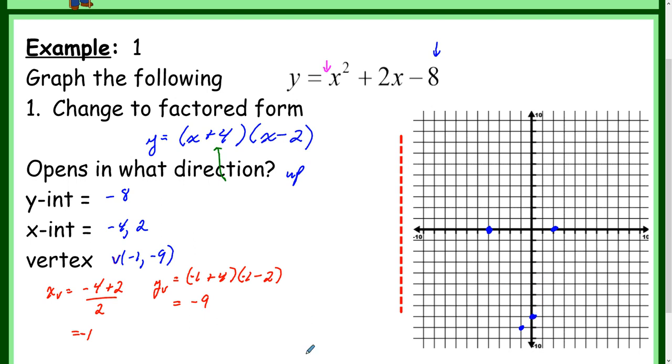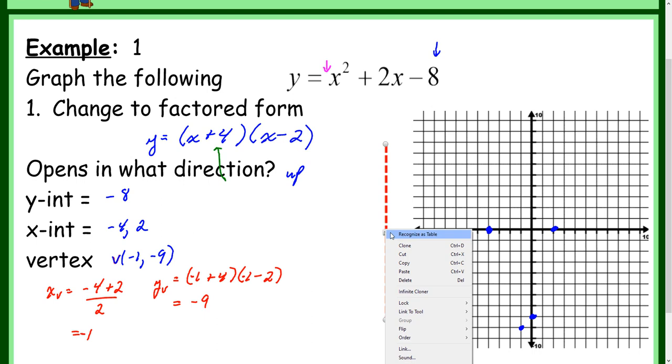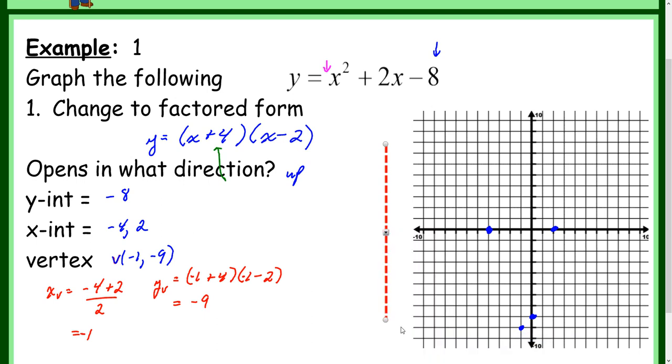Now, we are going to get in the habit of drawing in our axis of symmetry. Oops, that should be in front. Let me just bring it to the front here. That way we can just make sure that what we're doing is correct. All our points are symmetrical. And when we identify our y-intercept, this allows us to identify our symmetrical point as well.